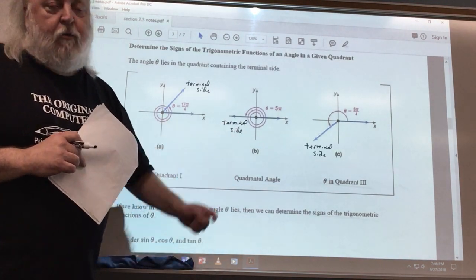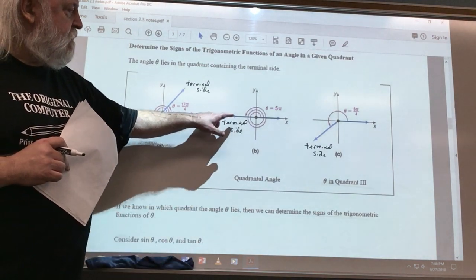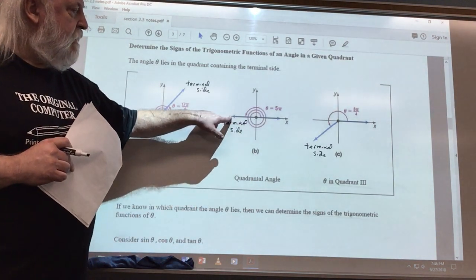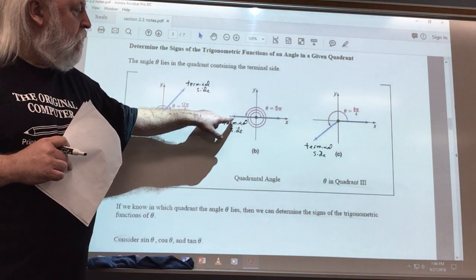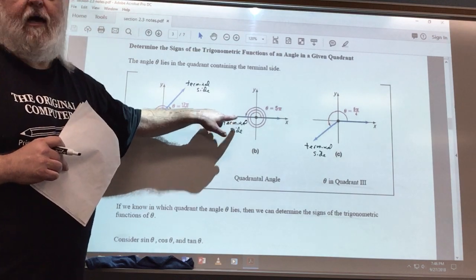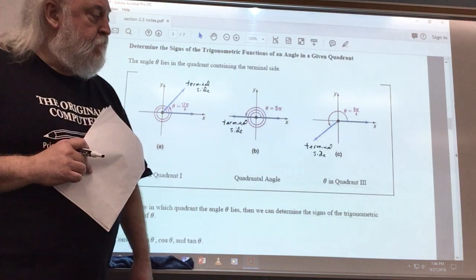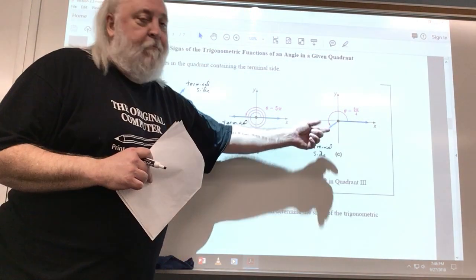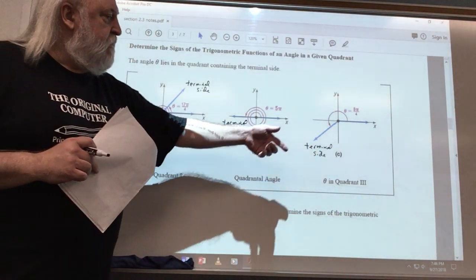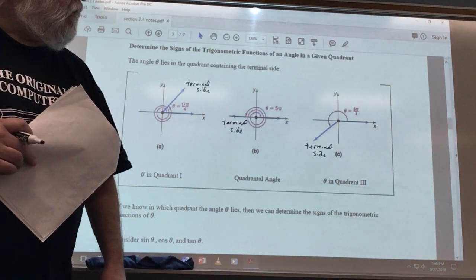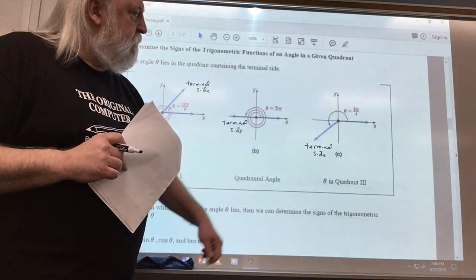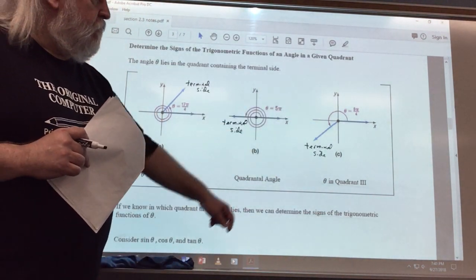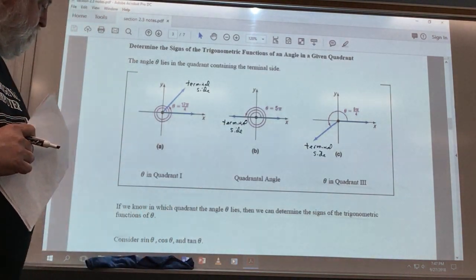We call that a quadrantal angle. So this theta equals 5 pi is an example of a quadrantal angle because the terminal side lies on the x-axis, okay? So we're going to be dealing with the first example and the third example, where the terminal side doesn't lie on an axis, but it's somewhere in the coordinate plane besides on an axis, okay?